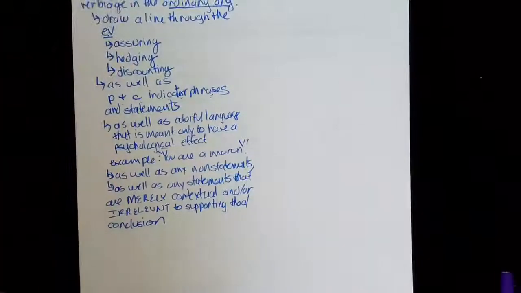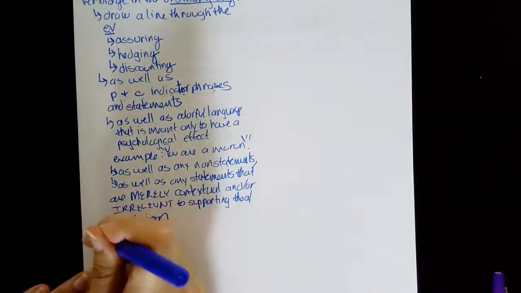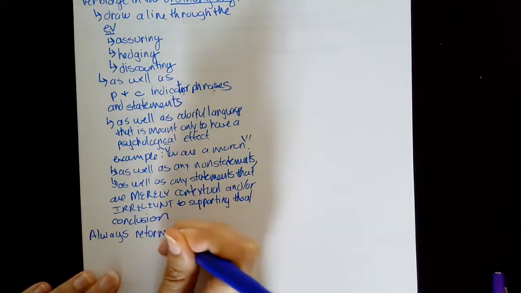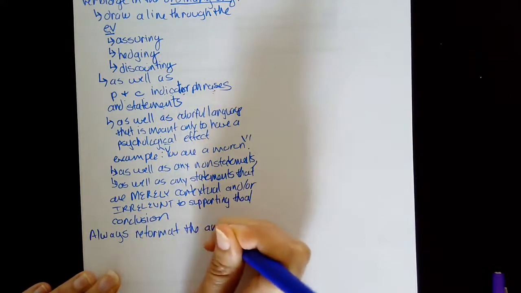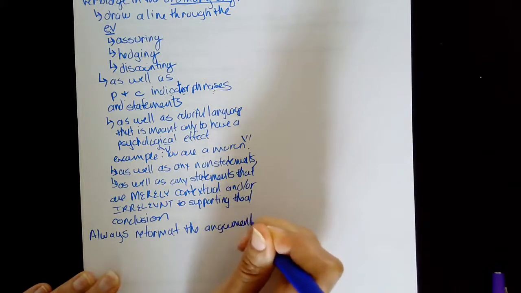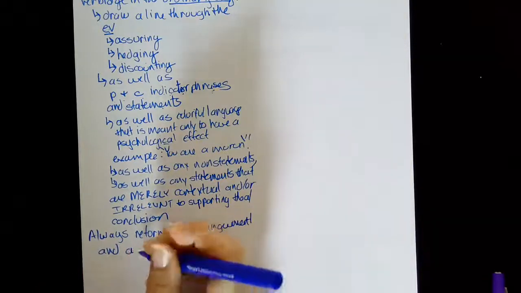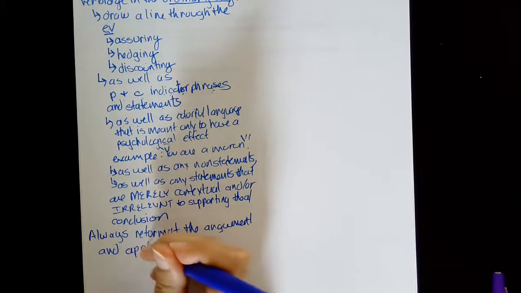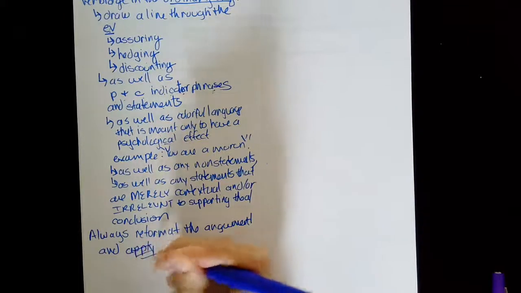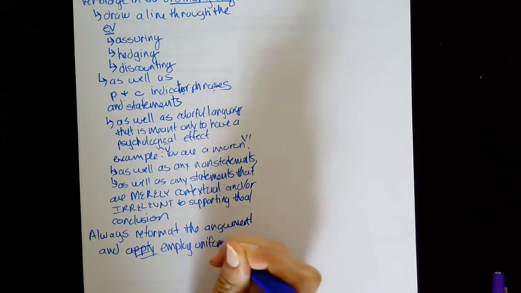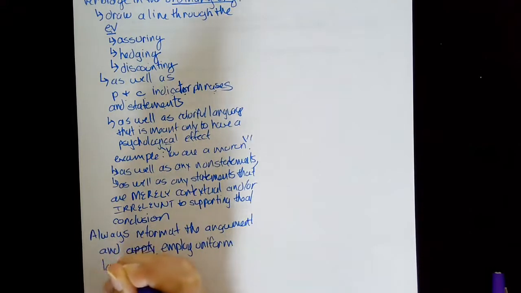All right, so the last thing that we're going to add to our notes with respect to this week's lessons is: always reformat the argument, and we're going to apply the third content principle that you learned about in clarifying arguments, and employ uniform language.